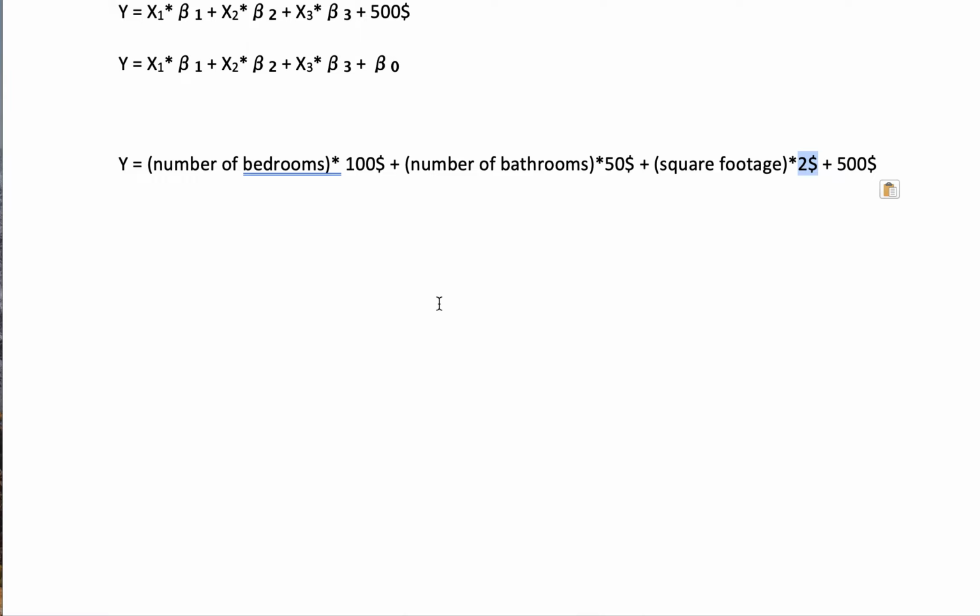So remember, we started off with our supervisor asking us to produce a model. But any good supervisor would make sure that you have the data necessary to do so before requesting such a task from you. And having data is essential to the whole process of linear regression. In our case, the data will be of houses and must include the price, the number of bedrooms, the number of bathrooms, and the square footage.